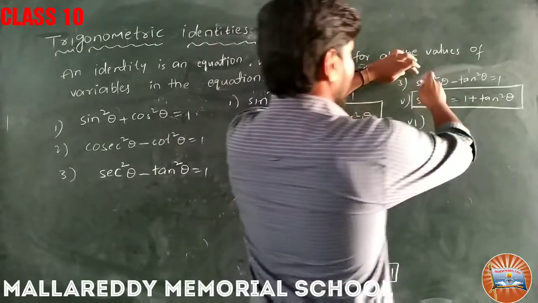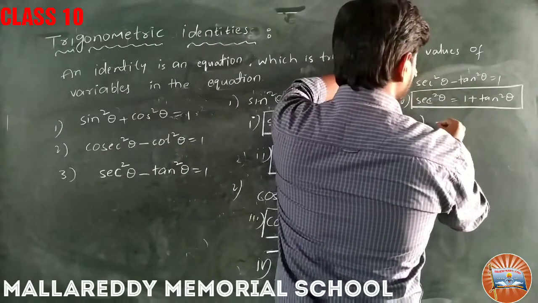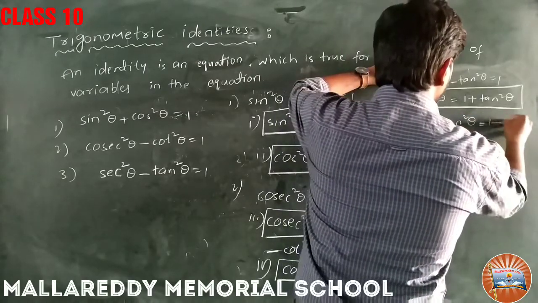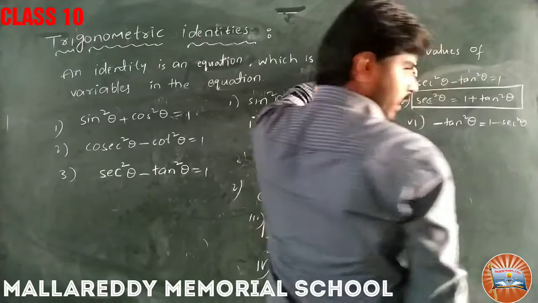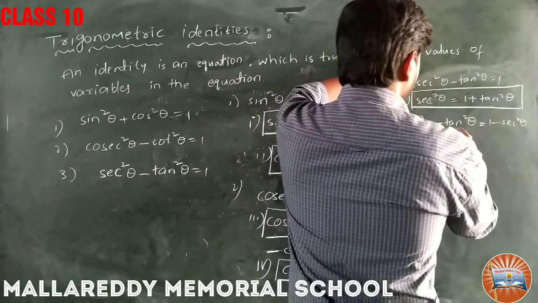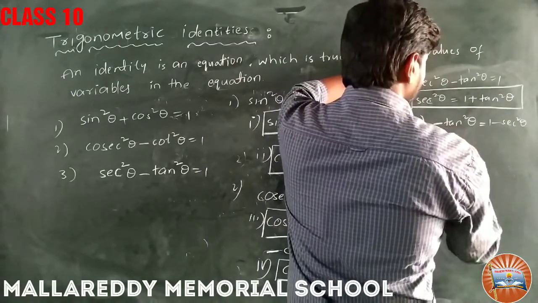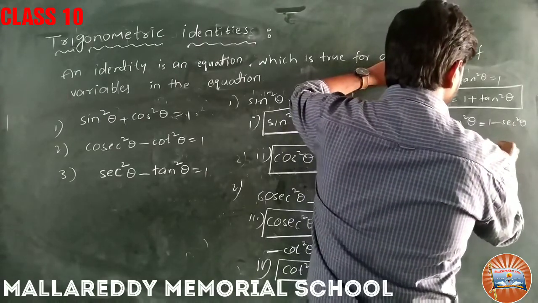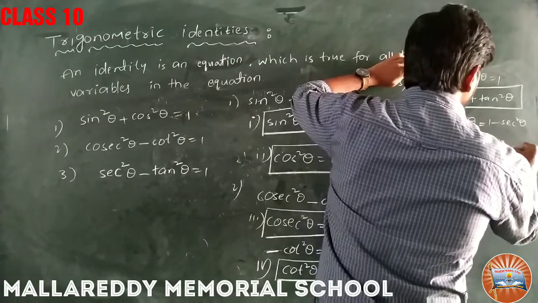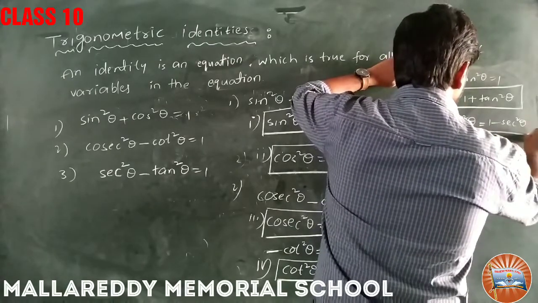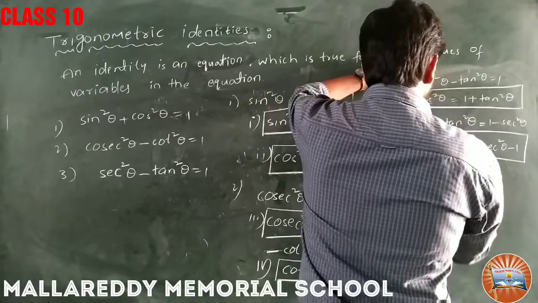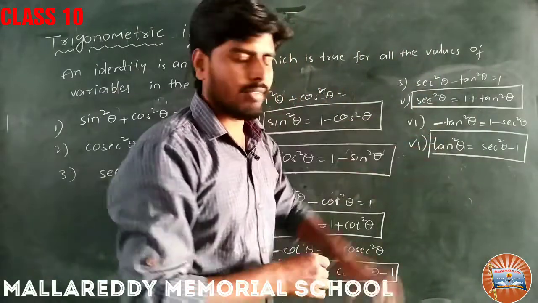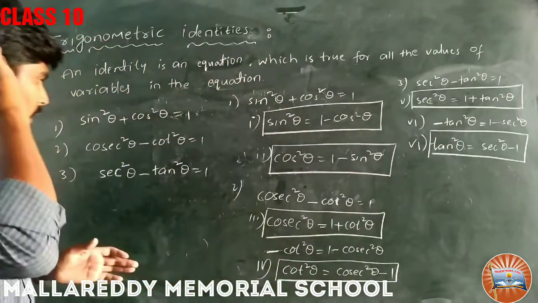If I bring this secant square theta to the RHS, minus tan square theta equals 1 minus secant square theta. Next, if I multiply both sides by minus, tan square theta equals secant square theta minus 1. These are the 6 formulas: 1, 2, 3, 4, 5, 6. I defined 6 formulas here, and look at one more.